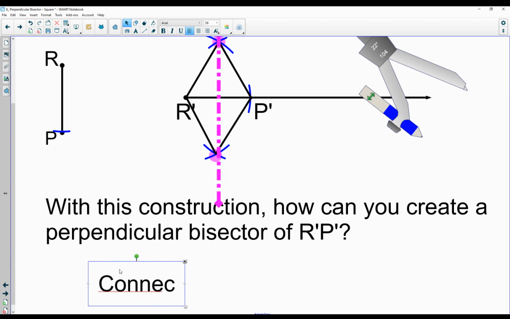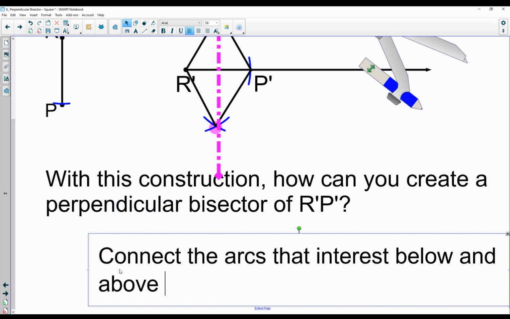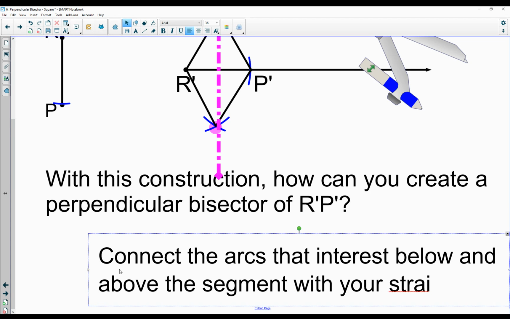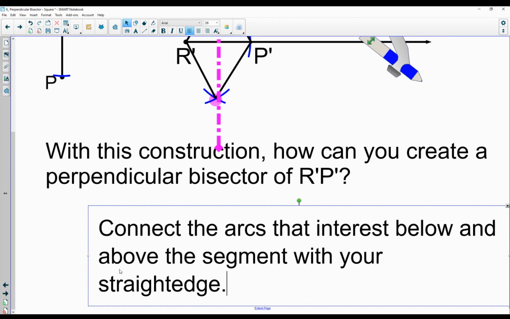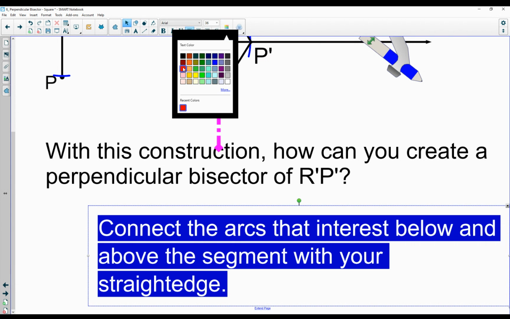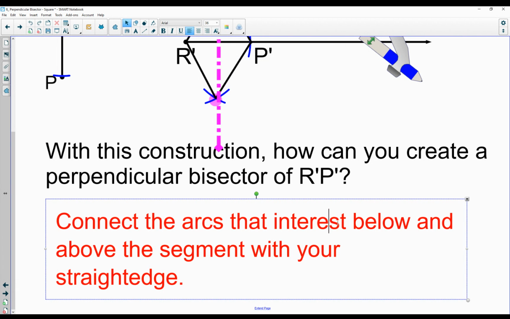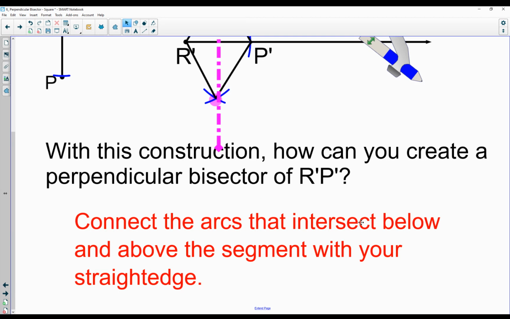You connect the arcs that intersect below and above the segment with your straight edge. And there you have it.